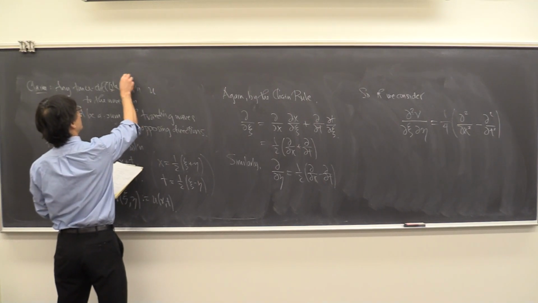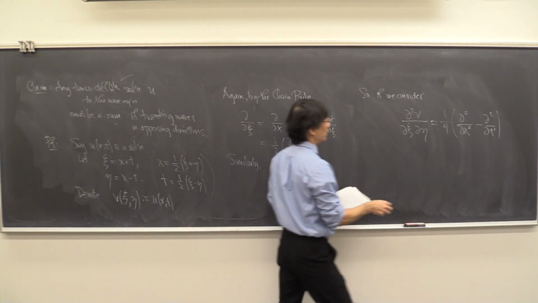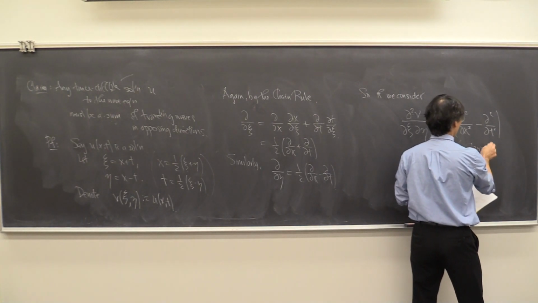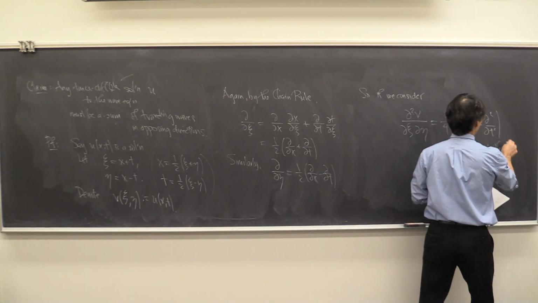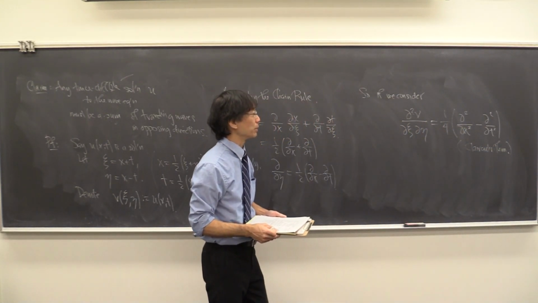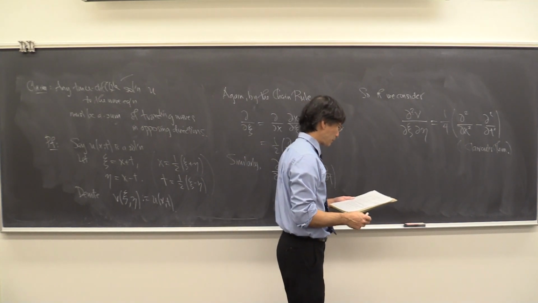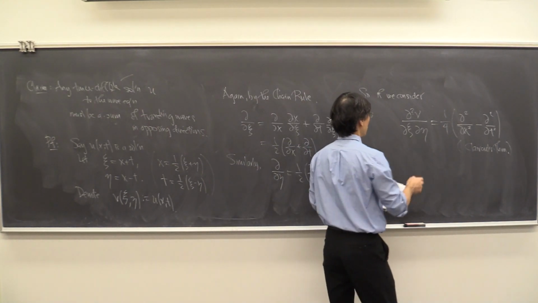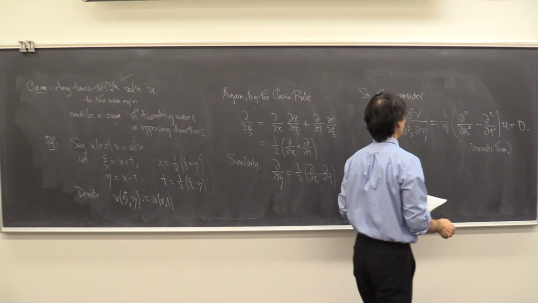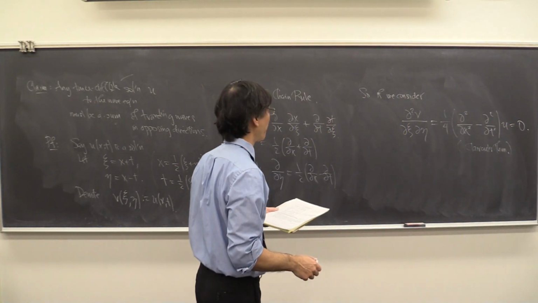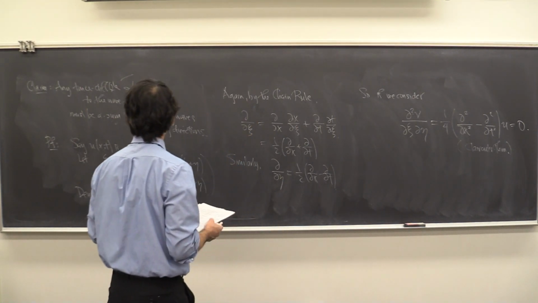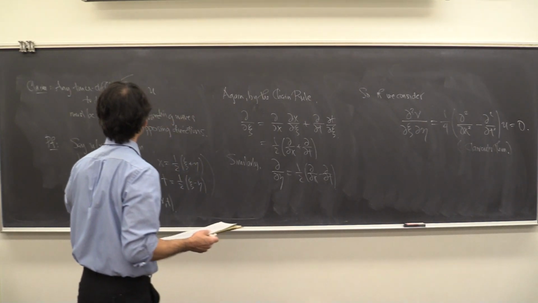So there's something called Clairaut's theorem about when it's okay to switch the order of mixed partials. Okay, so this is 0, right? Okay, so what do you see?